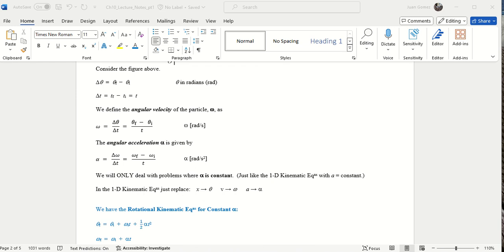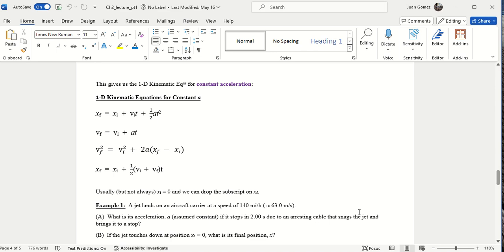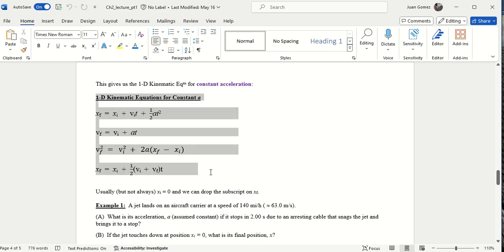Now, remember from chapter 2, we have the one-dimensional kinematic equations. And here they are. And remember, it's understood that it's for constant a.